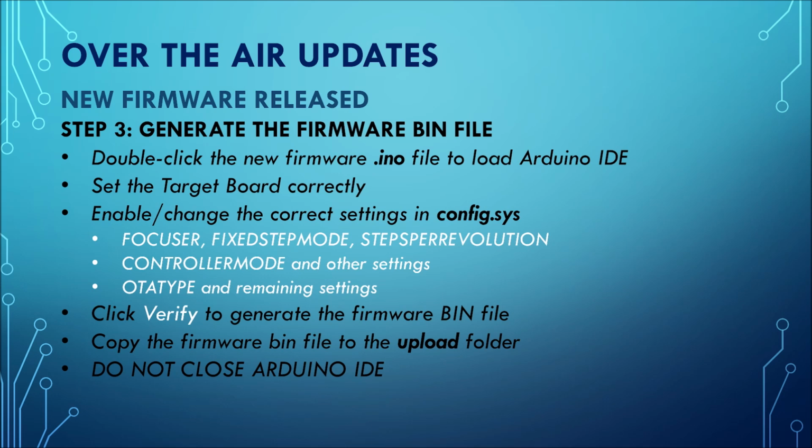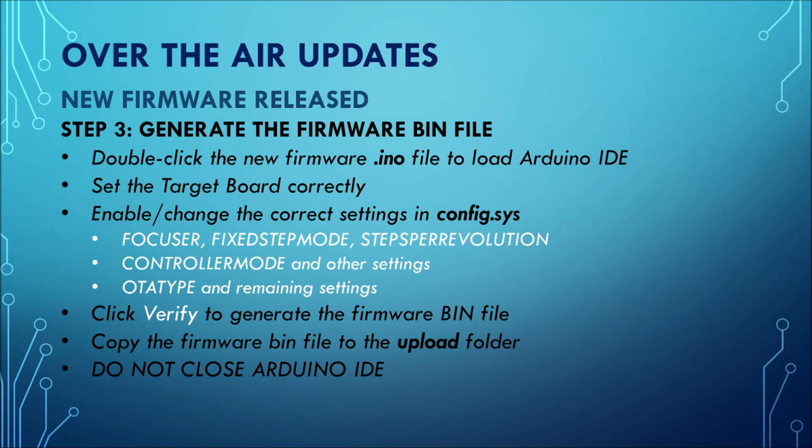So we set the focuser and fixed step guide and the steps per revolution and the controller mode, access point, station, read Wi-Fi config, all those types of things. We also do the OTA type, and if there were other things such as mDNS name, Duck DNS, whatever, we would enable all those settings that we wanted our controller to have and what it should currently be configured as.